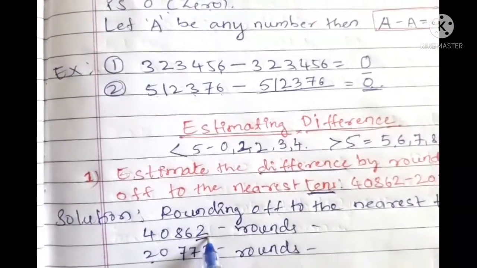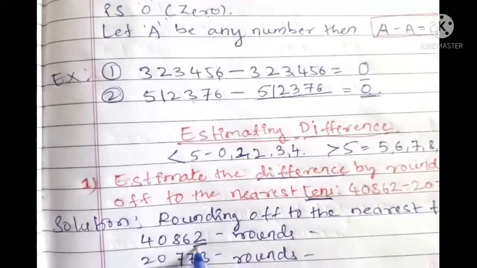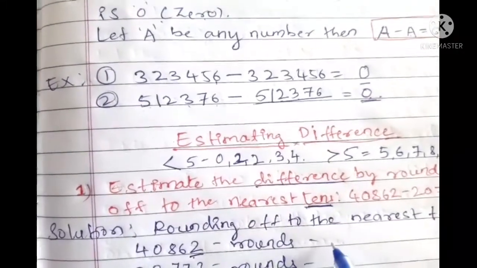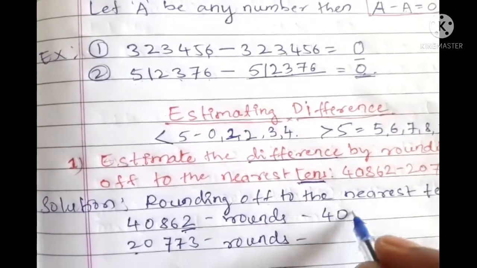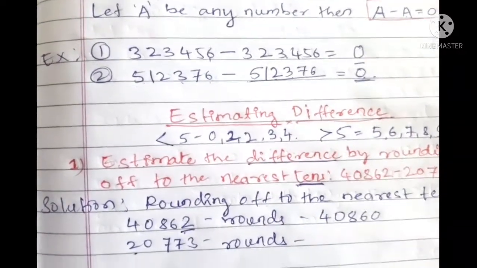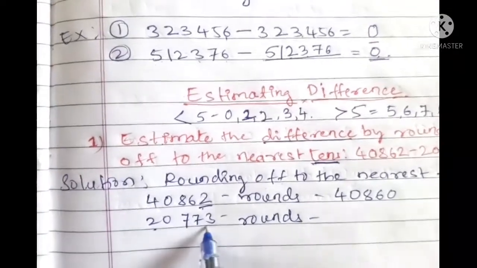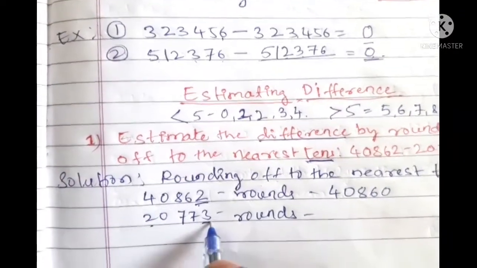In 40,862 the ones place has 2, which is less than 5, so just make it 0. Then it is 40,860. In the other number, the ones place 3 is also less than 5.